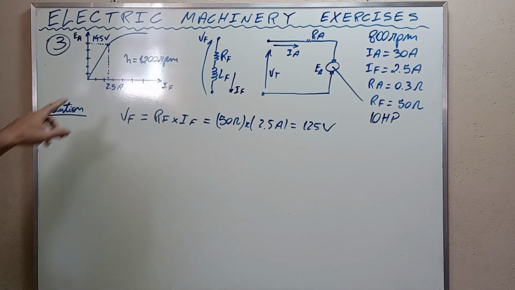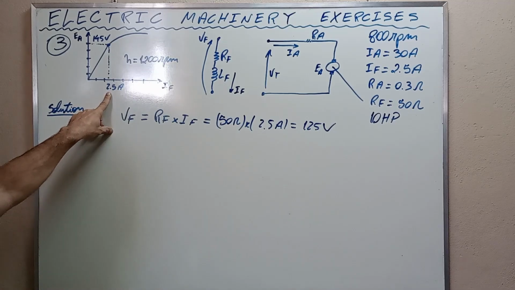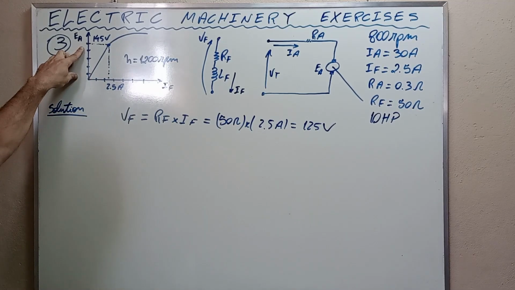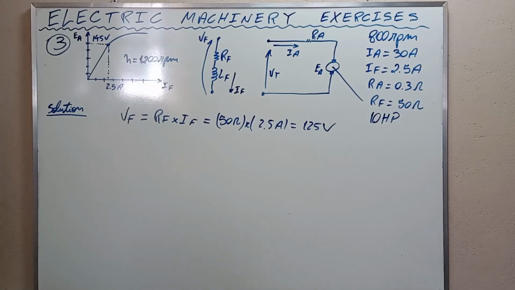Okay, this is the magnetization curve for this machine, and 2.5 amps corresponds to a voltage of 145 volts. Okay, and the speed is 1200 RPM.